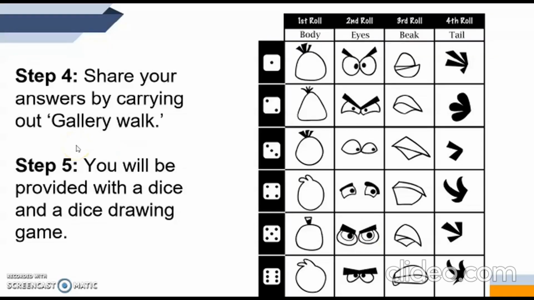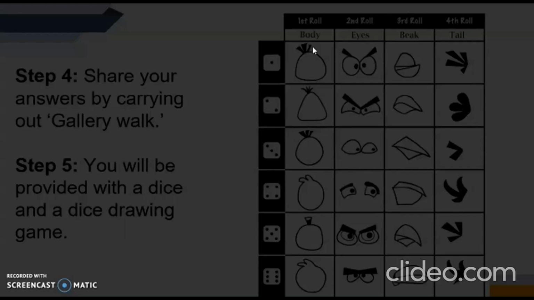Next, it will be continued with a sharing session, which they can carry out as a gallery walk. Then they will be provided with a dice drawing game. Here is the example.